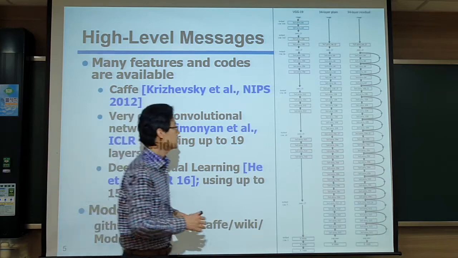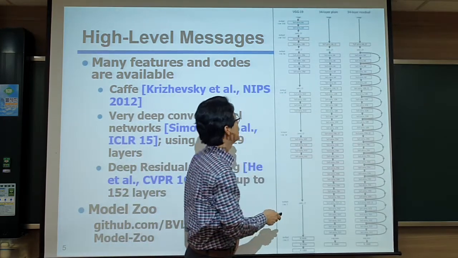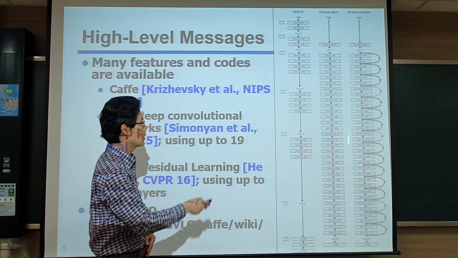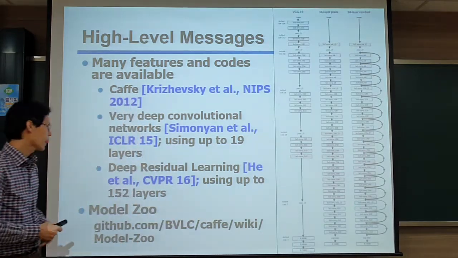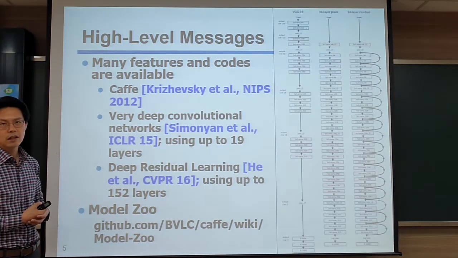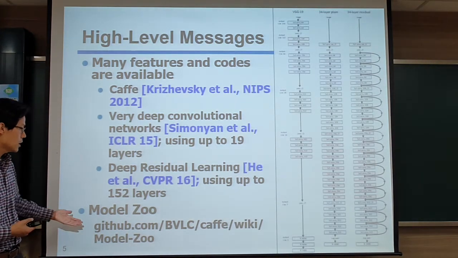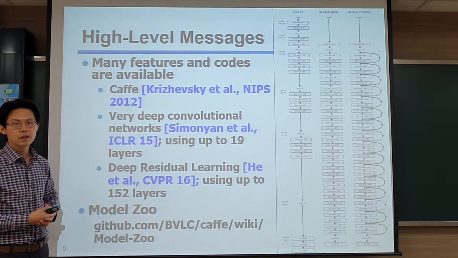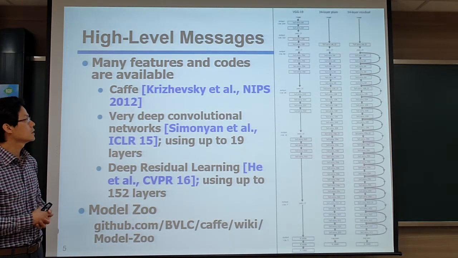You can see some of the illustrations, the schematic architecture of this residual learning, with a lot of layers. Again, there is a lot of recent technology along this line, so you can check out this homepage to see some of the related techniques.